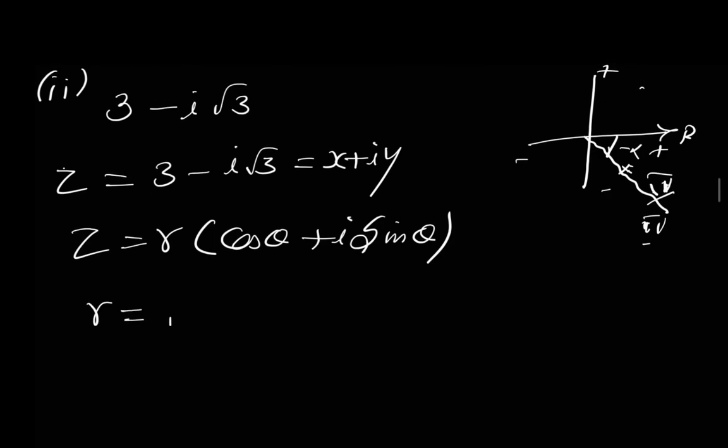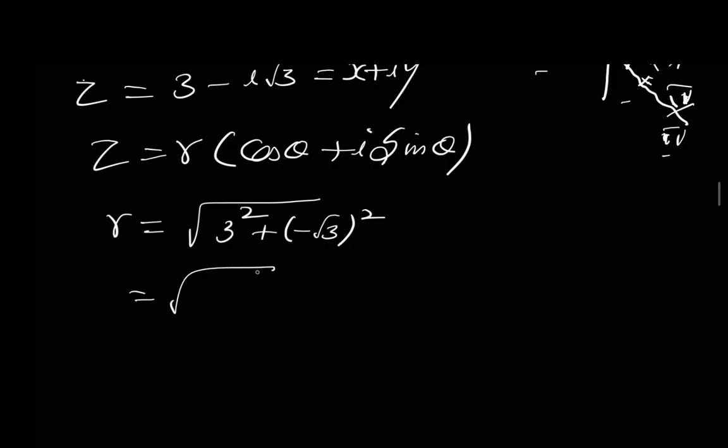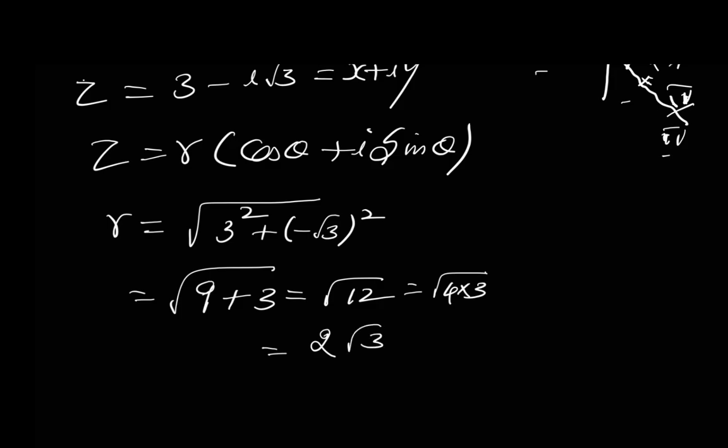So r is equal to the root of x squared plus y squared: x value is 3 and y value is minus root 3, squared. 3 squared is 9, root 3 squared is 3, so the square root of 12. Write it in mixed surd form: 4 times 3 is 12, the square root of 4 is 2, so 2 root 3.